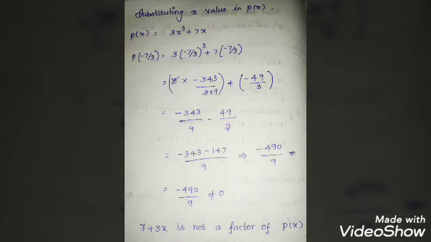Not equal to 0 means 7 plus 3x is not a factor of p of x. If suppose you are getting equal to 0, then only that particular polynomial is a factor of p of x. You are getting not equal to 0. So 7 plus 3x is not a factor of p of x.